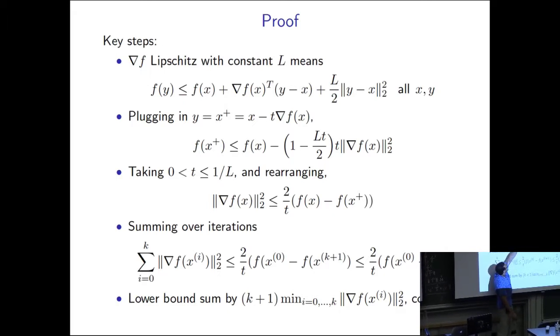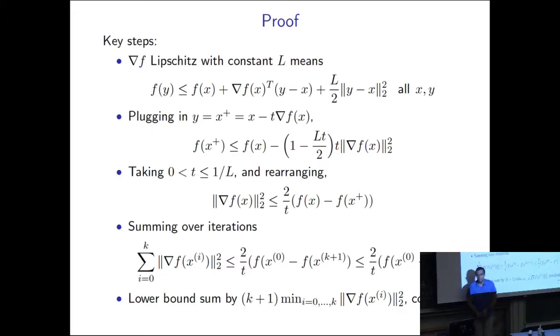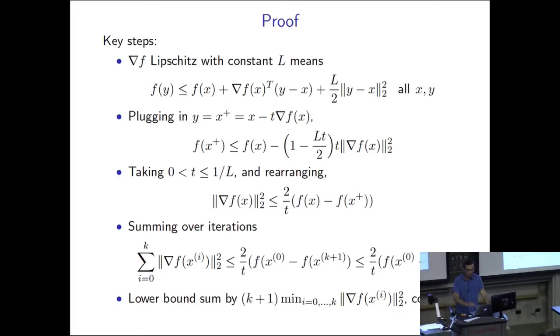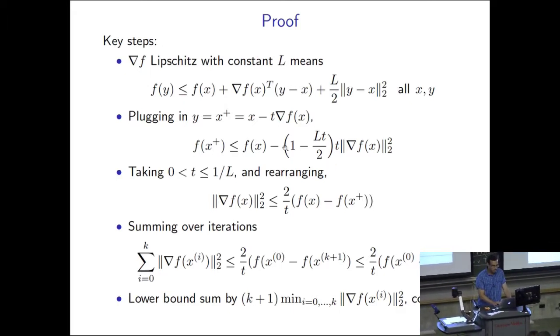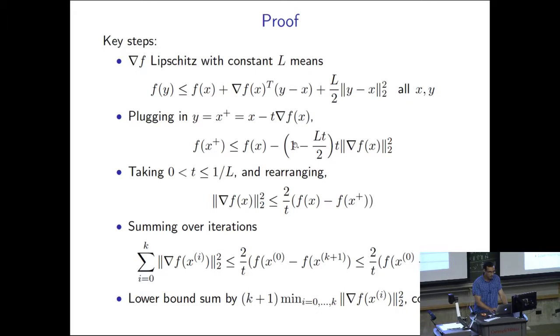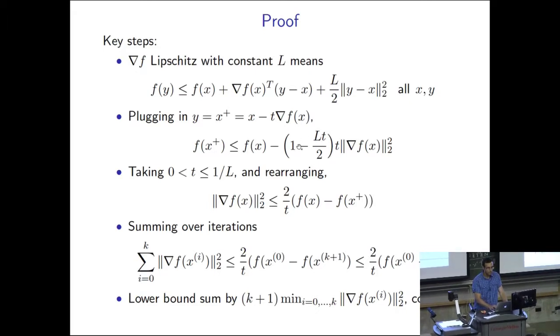If we take t smaller than 1 over L, then this whole thing is actually positive, so it's minus a positive quantity. If we take t smaller than 1 over L, this thing is itself bigger than a half. So this whole thing is less than or equal to f of x minus t over 2 times the norm of the gradient squared.